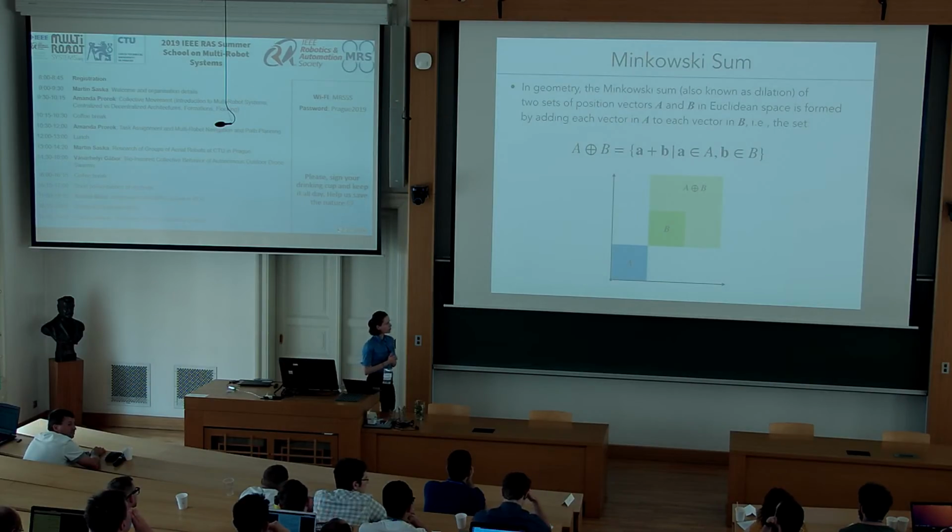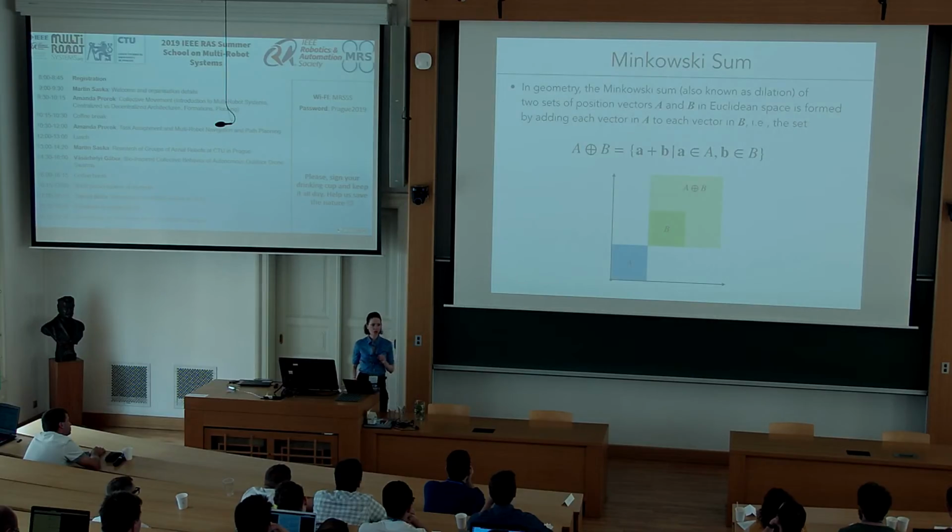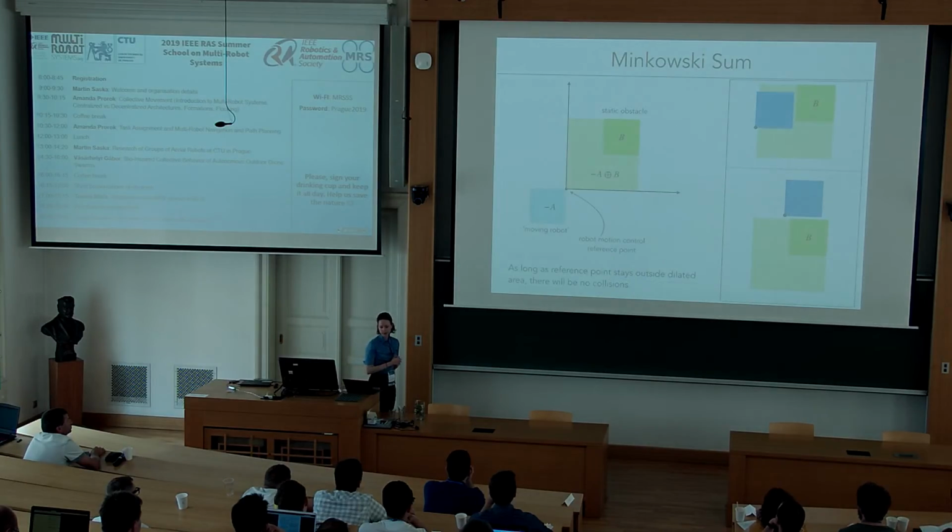What's important here is you have to think of area A as consisting of all the vectors that start from the origin and end up within the blue area. I'm going to show you how this is useful for multi-robot path planning.